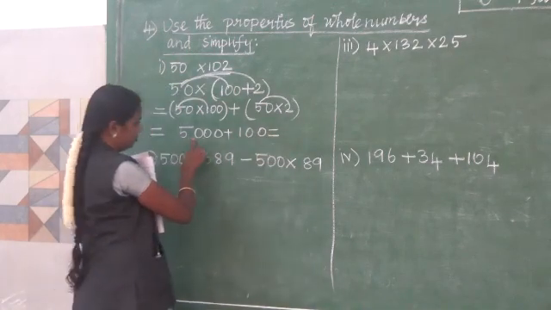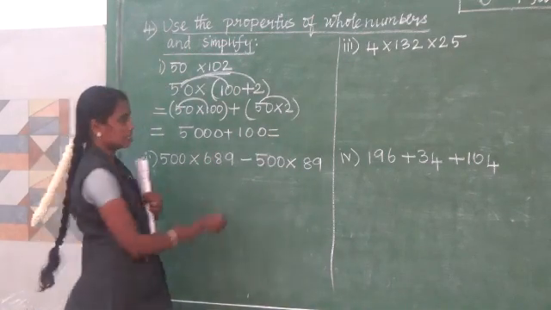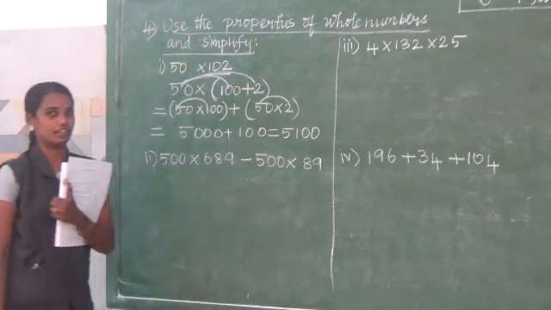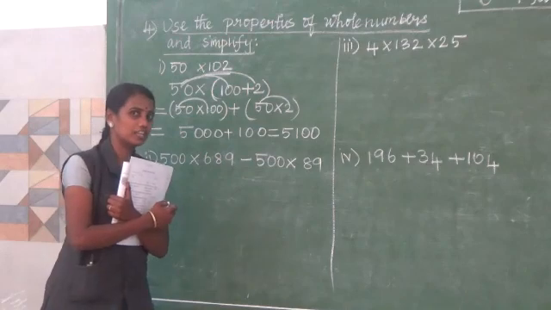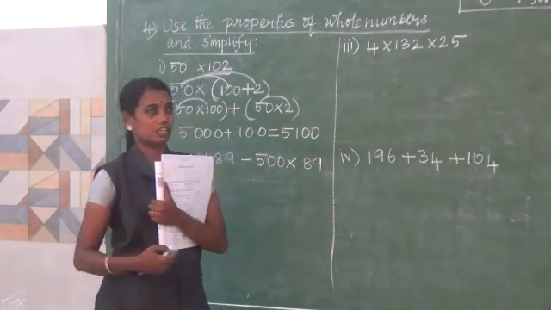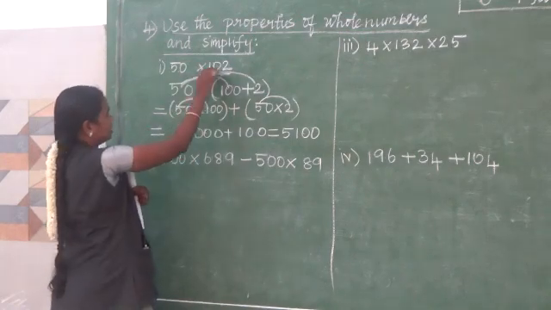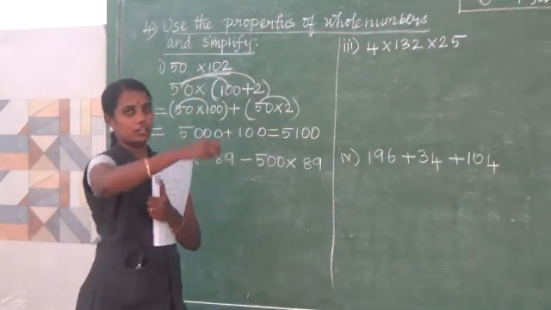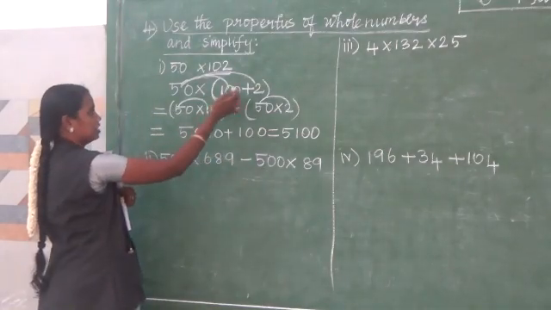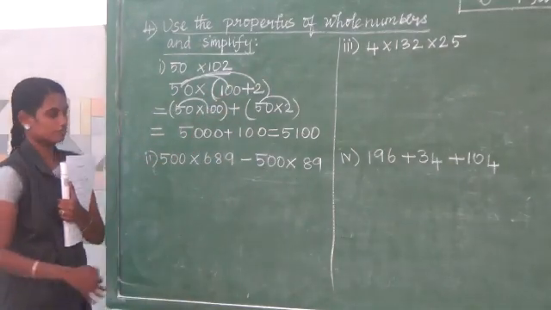Now add 5000 plus 100 is 5100. Okay, why do we use the property here? Because it's easy for multiplying the number. When you go for 50 into 102 directly, it will take 3 steps and you have to add properly. Instead of that, if you split, it is very easy to solve.